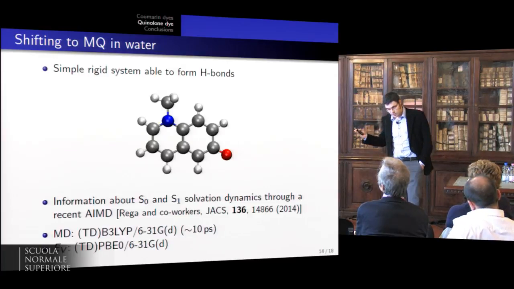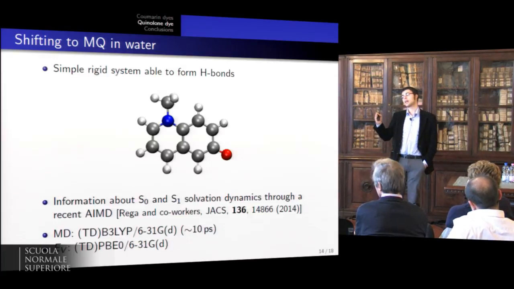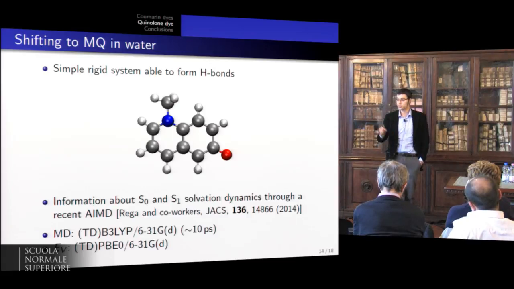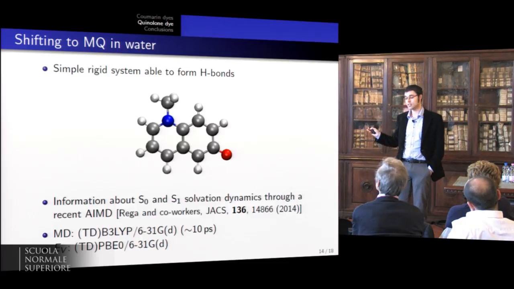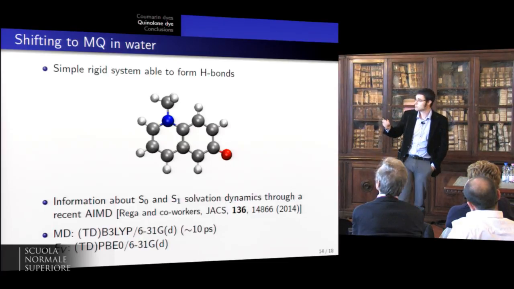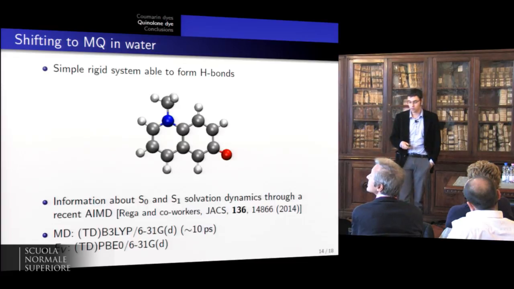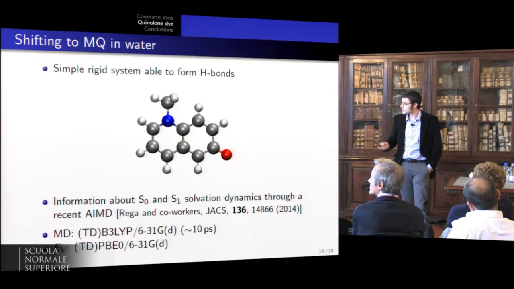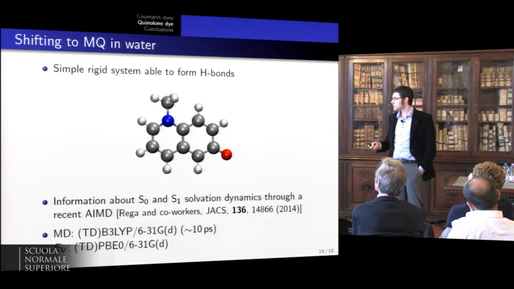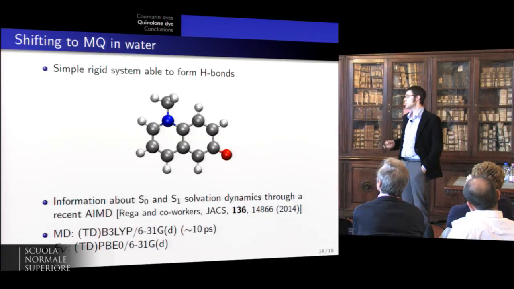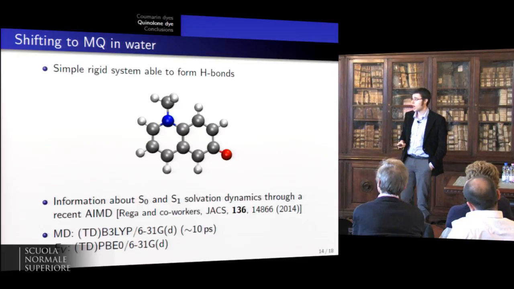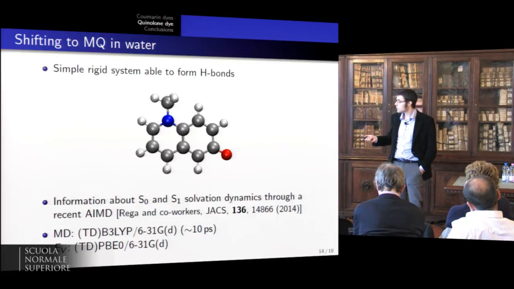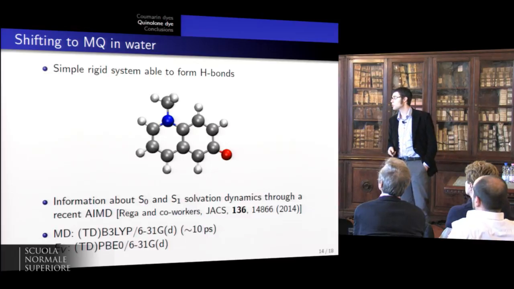So let's try these models, and now instead of continuing with the coumarins, we are going to shift to this smallest model system that is also able to form hydrogen bonds. And we shift first because it's a smaller system, it's easier to treat with these new models, and also because there is, in the recent literature, information about the S0 and S1 solvation dynamics through ab initio molecular dynamics, recently performed by Professor Rega and co-workers.